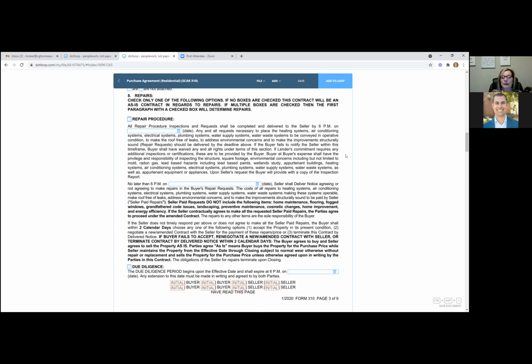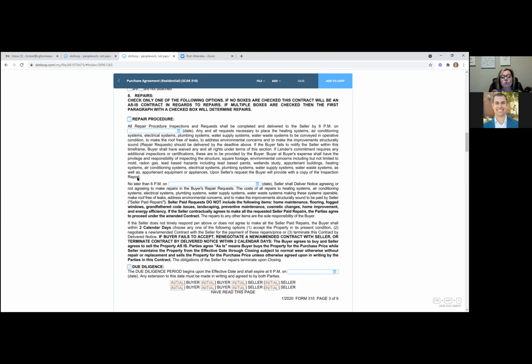Buyer at buyer's expense shall have the privilege and responsibility of inspecting the structure, square footage, environmental concerns, including but not limited to mold, radon gas, lead-based paint hazards, including lead-based paint, wetland studies, appurtenant buildings, heating systems, air conditioning systems, electrical systems, plumbing systems, water supply, wastewater supply as well, and appliances. Upon seller's request, the buyer will provide a copy of the inspection report.